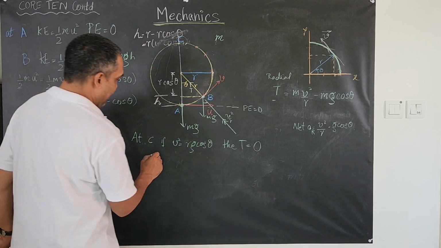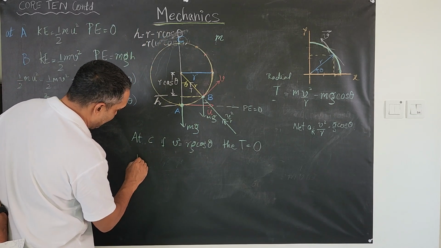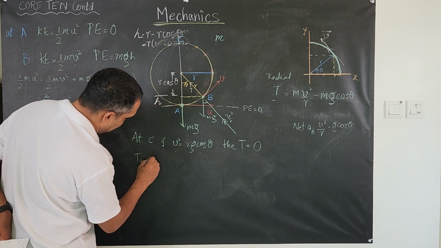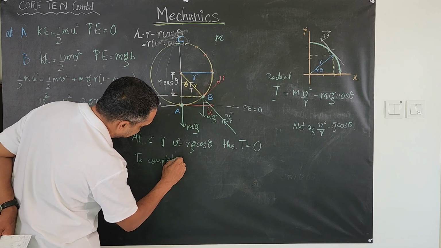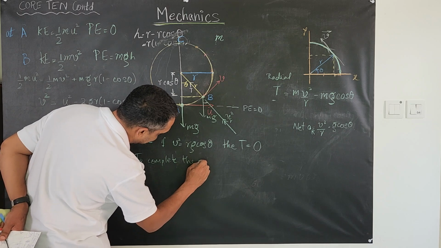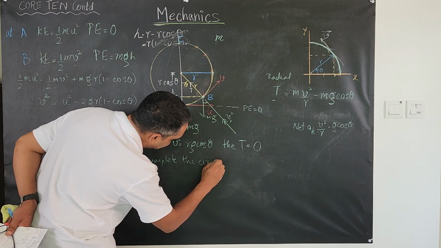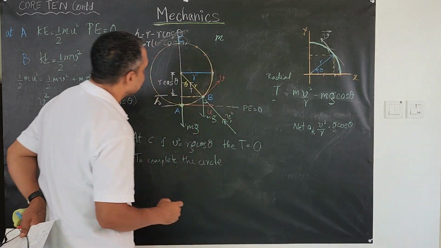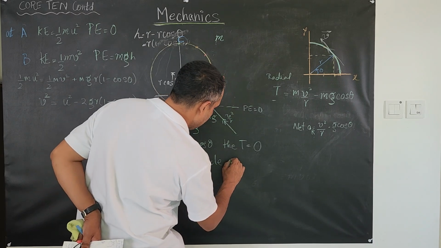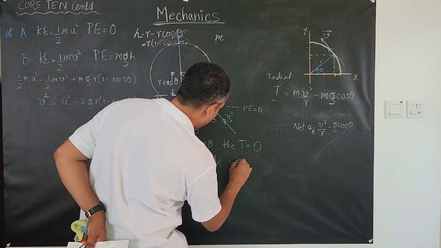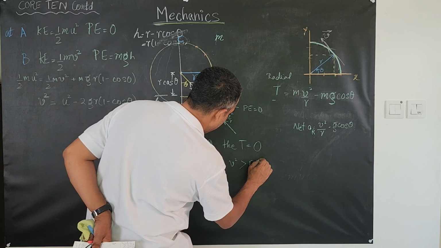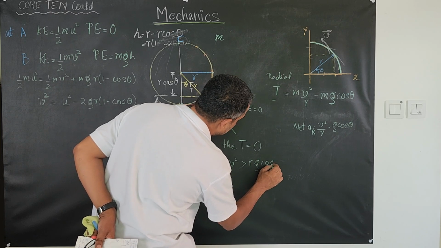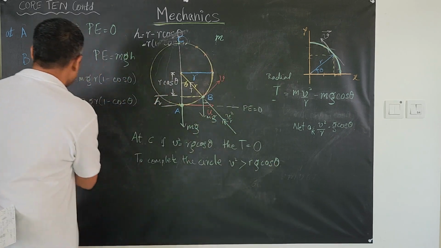So to complete the circle, v square should be greater than rg cosine theta, and bring that here, right?